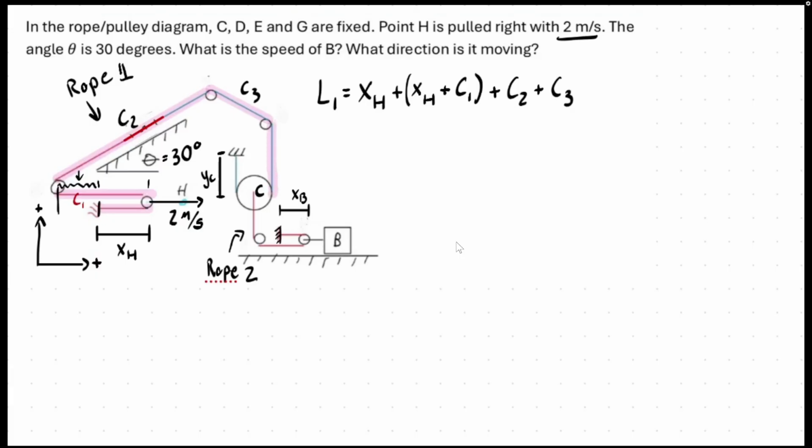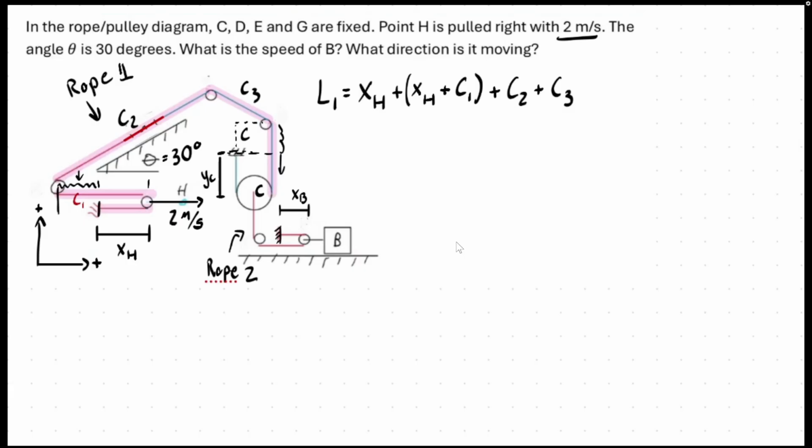Then this length down here, let's figure out what this is. This is between a fixed point and something that is moving, which is C. So we can't just call the whole thing a constant. So it's YC, which is this portion, this down. And this top portion is the distance from this fixed point to this fixed point, which is just a constant between two fixed points that won't change.